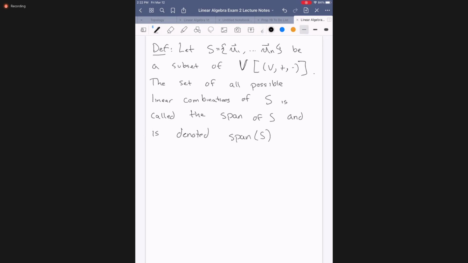So again, what is the span of S? So span of S is just equal to the set of all linear combinations such that the ci's are, in this case, real numbers, right? So take all linear combinations. This is called span of S.